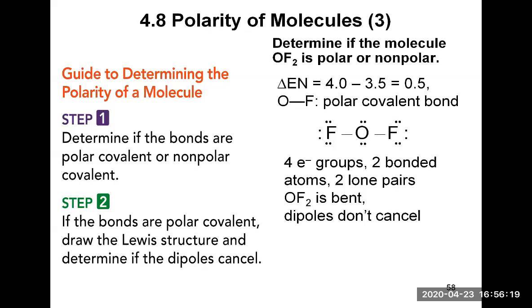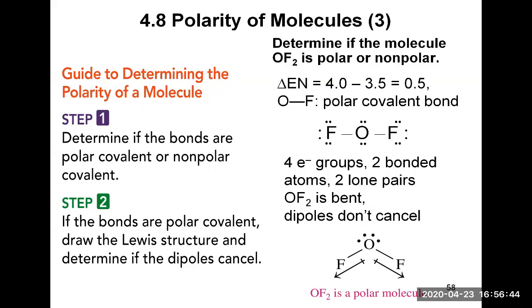So it's bent, and then we have 2 dipoles that go downward, in the case of the molecule drawn as on the slide here. Each fluorine pulls on the electrons. They are more electronegative than the oxygen.